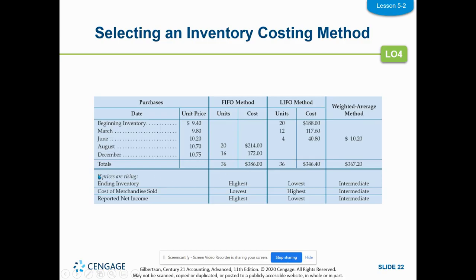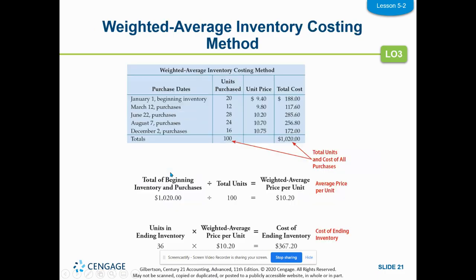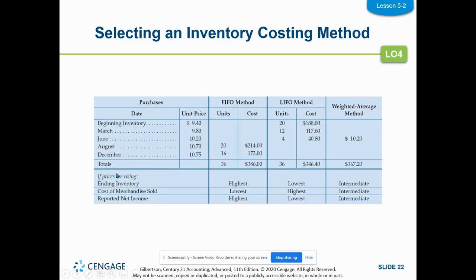So down here, if prices are rising, they've talked about this, and we'll talk about it here in just a second. If the prices of our products, the cost, is rising, then the cost of our inventory is going to be high. The cost of our merchandise sold is going to be low, and our net income is going to be reported as the highest.